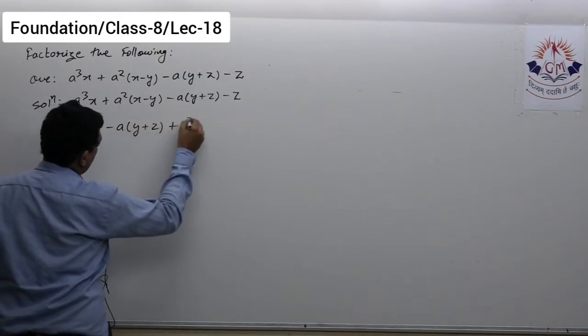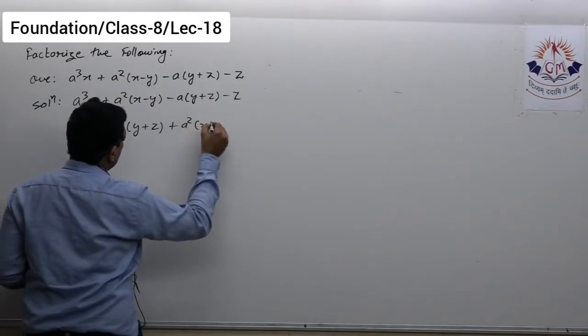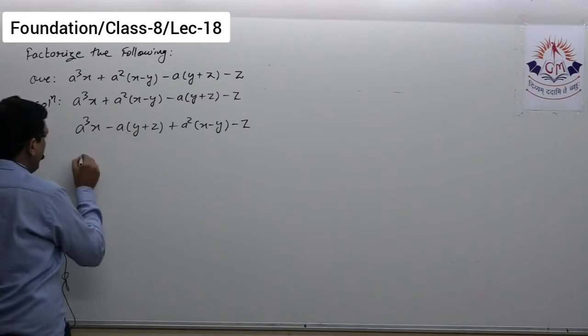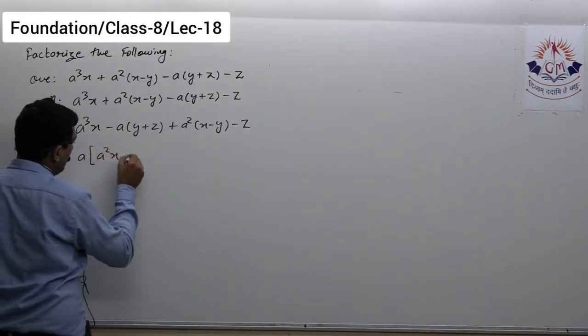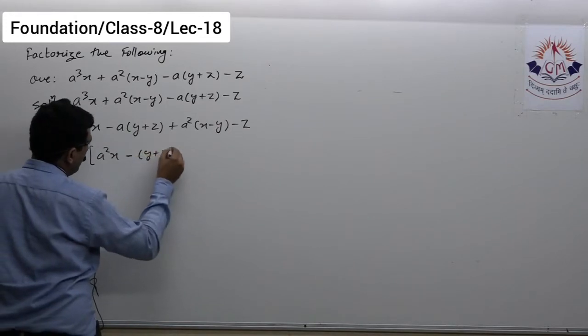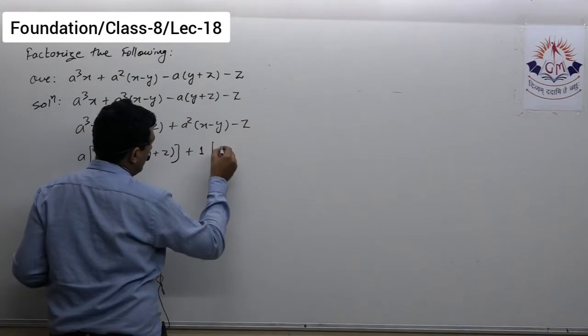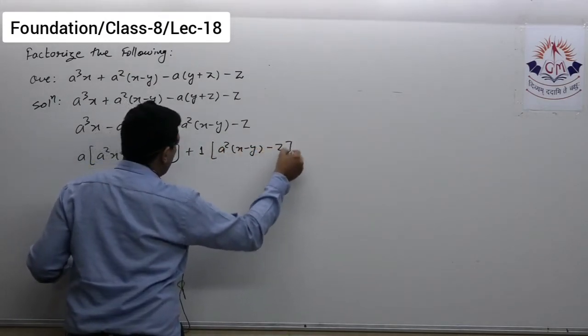I wrote the first term, then the third term, then the second, and the last term. Now from these two I can take a common. So here I get a square (x minus y plus z). And from these two again I can take one common only. So I get a square (x minus y minus z).